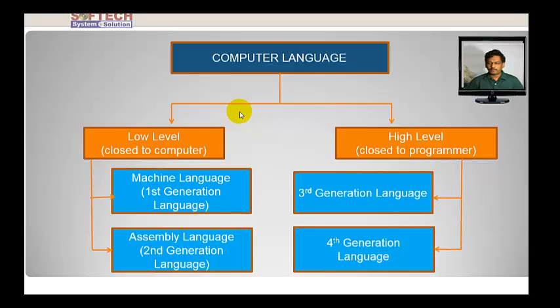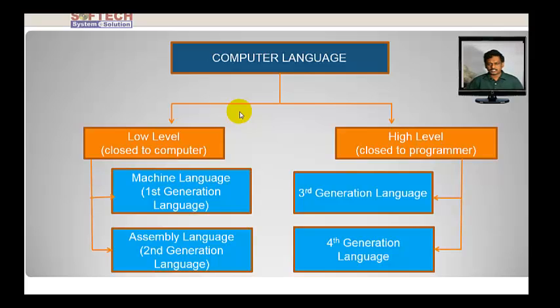Each language has unique grammar and symbols. But computer languages help to communicate from human to machine, human to computer.